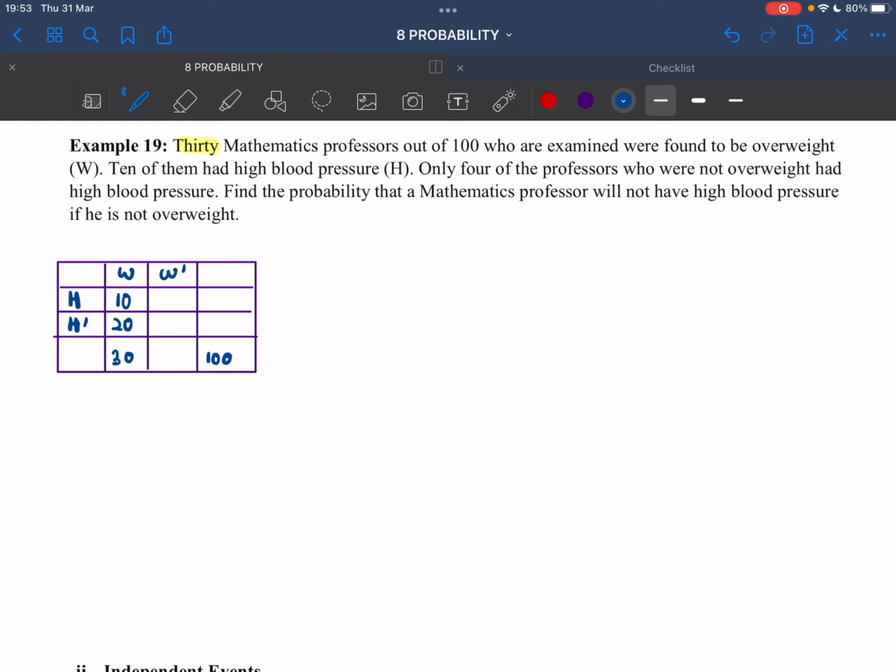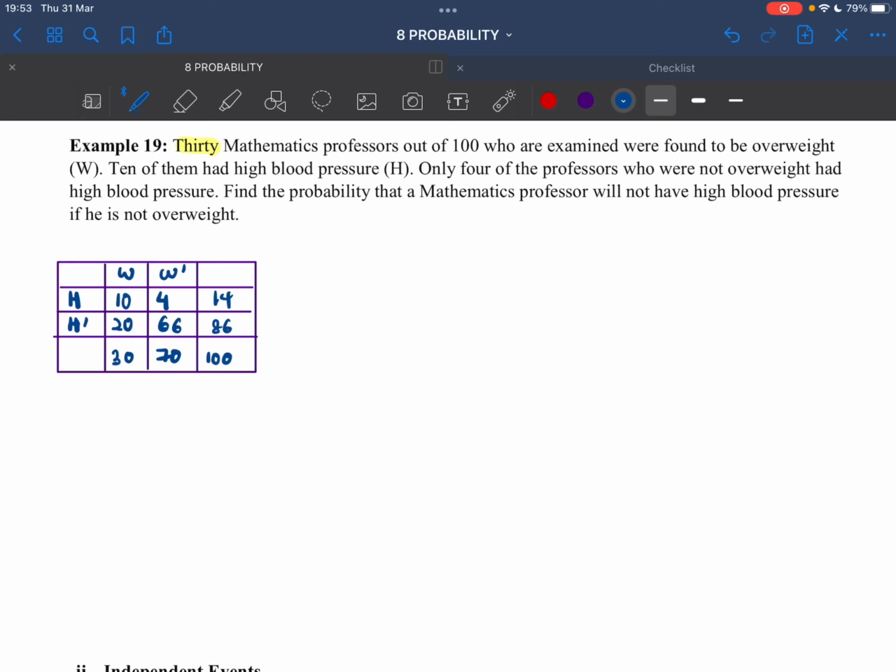Only 4 of the professors who were not overweight had high blood pressure, so here is 4, and the rest you can find by yourself. 100 minus 30 is 70, 70 minus 4 is 66, and you can find the rest of the totals, which are 14 and 86.